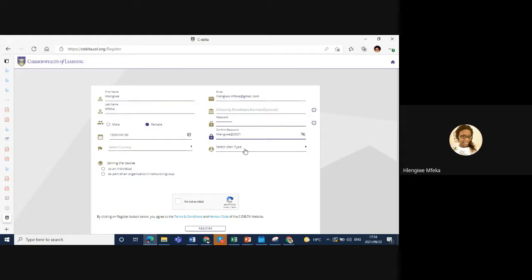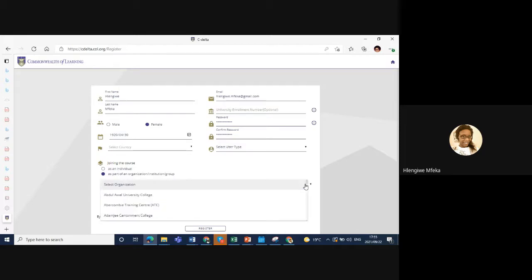You go to select user type, you click, you select teacher or practitioner. Even if you are a student at a certain institution, please select teacher or practitioner. Joining the course, this is very important. You don't join as an individual, you join as part of an organization. When you click this drop down arrow, you need to scroll down.